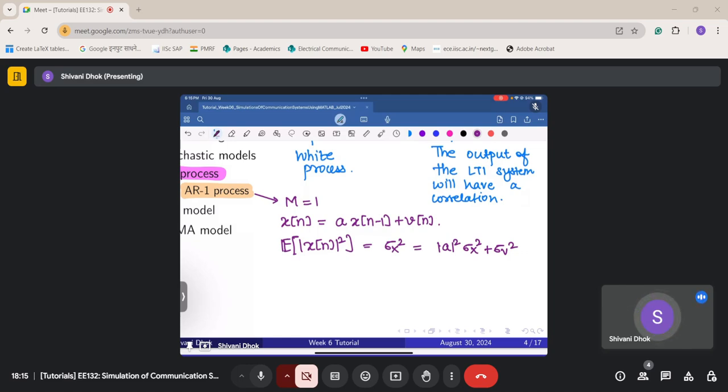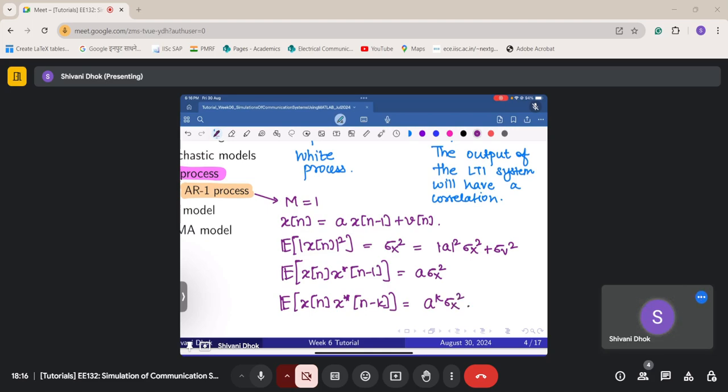Then we looked at expectation. All these derivations are there in the lecture. I won't go into details of it in the interest of time. This comes out to be equal to a into sigma x square, and expectation of x of n into x conjugate of n minus k comes out to be equal to a to the power k into sigma x square.